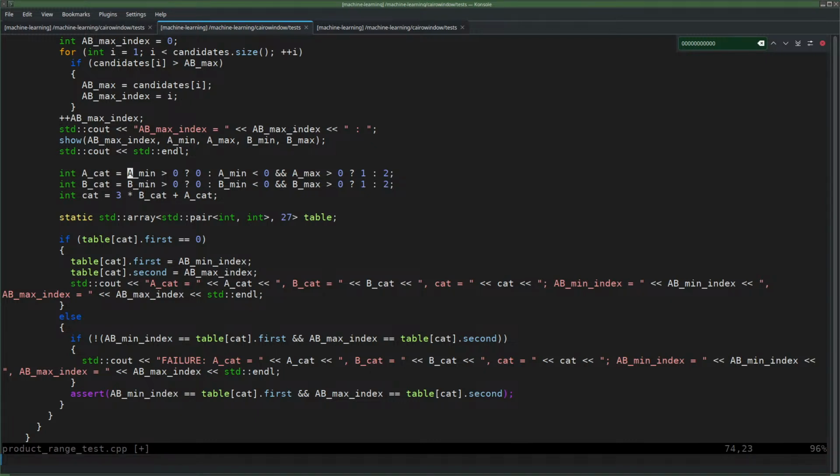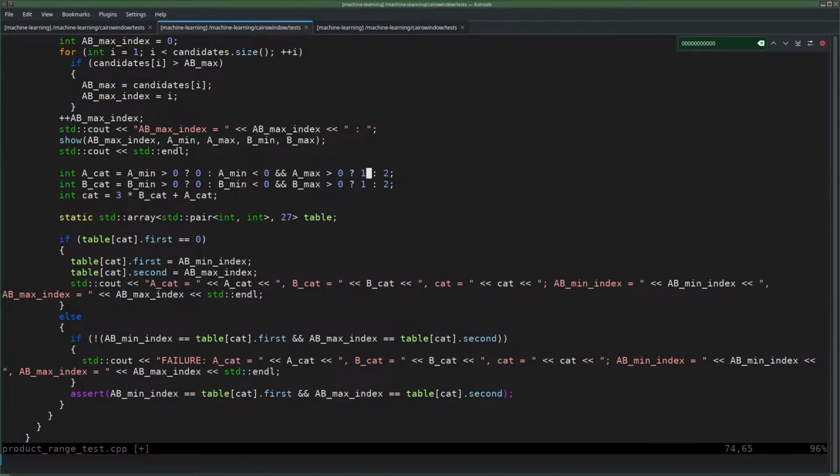Category means, oh yeah, which one is less than or larger than 0. So if both are less than 0, that is not true. So we come here and then this is also not true, because this one is less than 0.